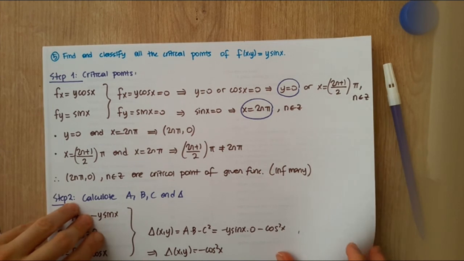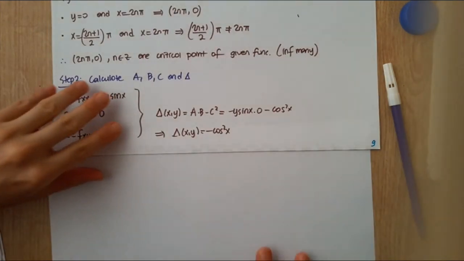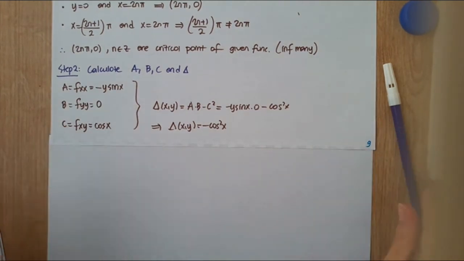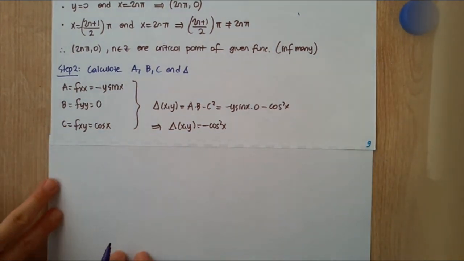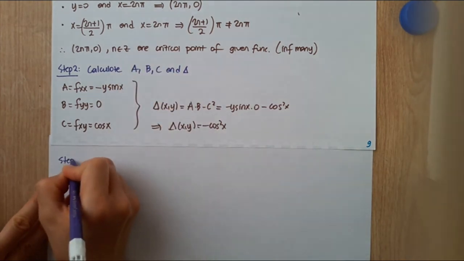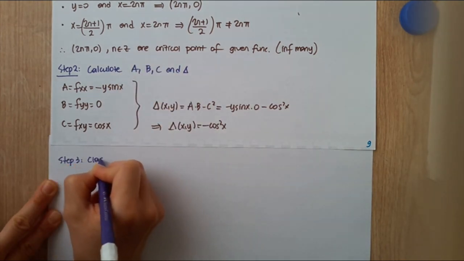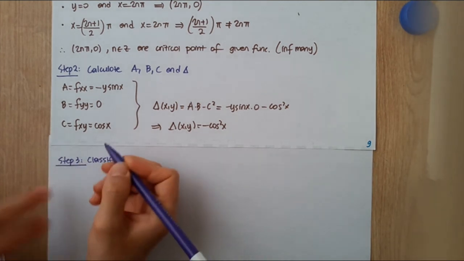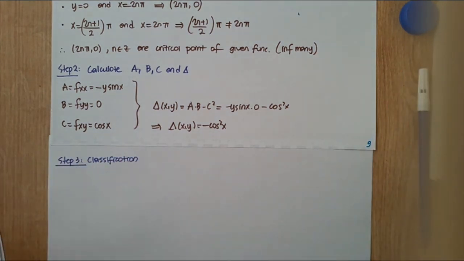Okay, so if this is the case, it's time to classify those critical points. Step 3, classification. We have infinitely many critical points, but we have only one form, so it's enough to substitute that form in delta first of all.